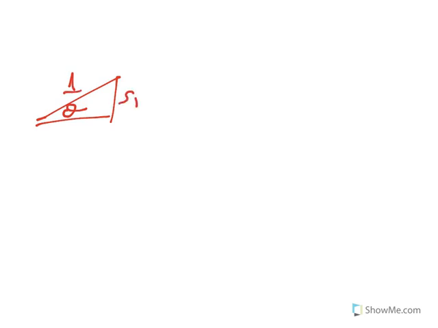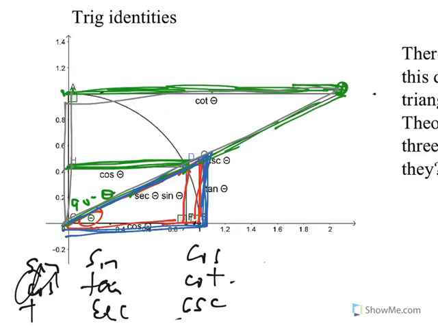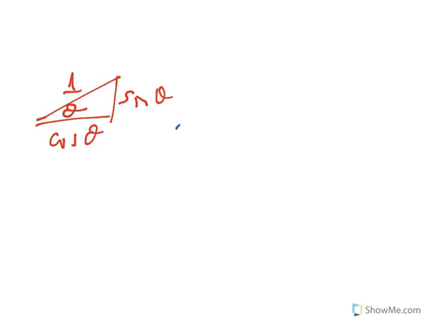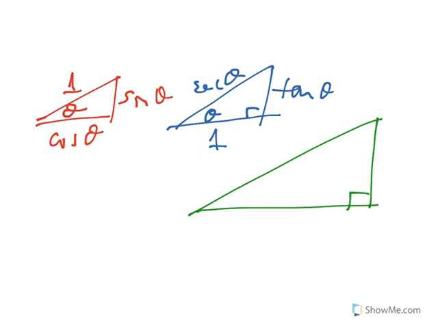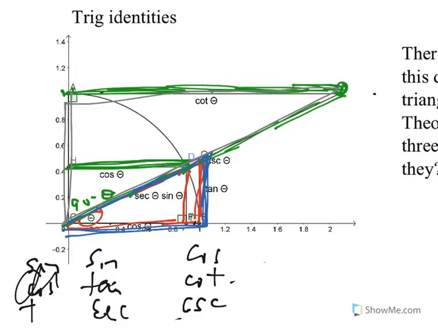one has sine, cosine, the other one is blue. That blue triangle has 1 as its bottom side. This is tan. This is secant. And the large green one, if I flip it upside down, I do have a theta up here.